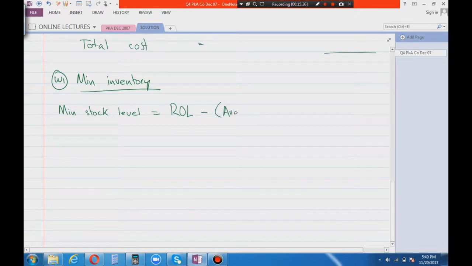So average usage multiplied by average lead time, which basically means how much inventory you will use when you have ordered it but have not received it yet, right? Obviously the higher the time and the higher the usage in that time, the higher the level of minimum stock you will keep.